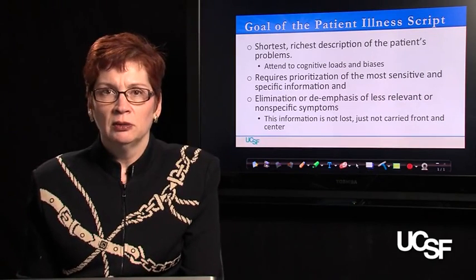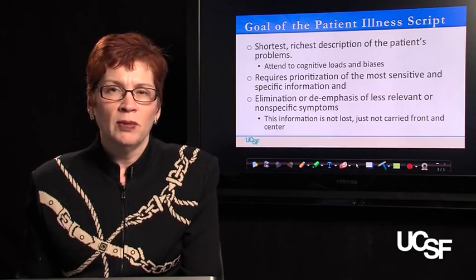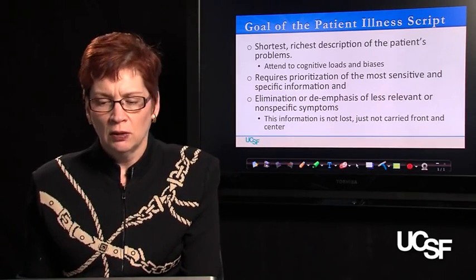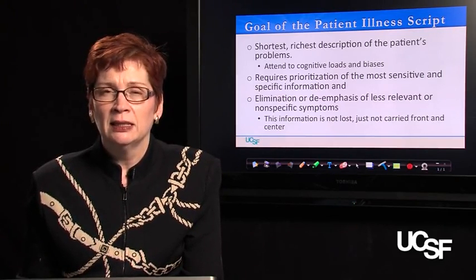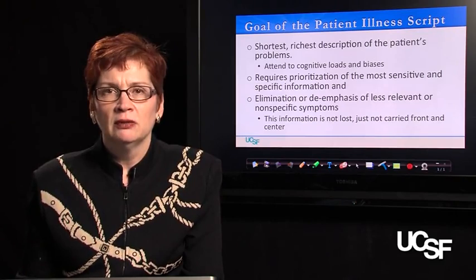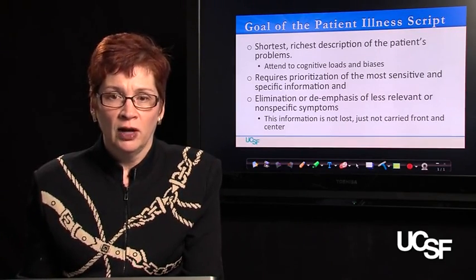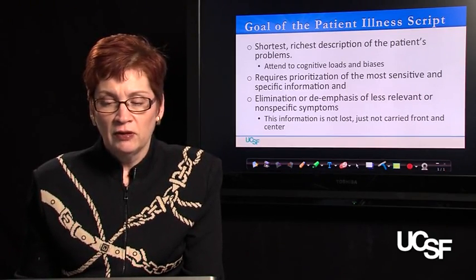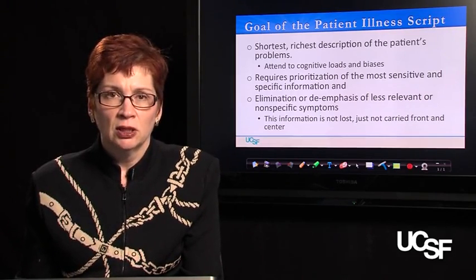And biases are also important. Biases are those mental models we form based on our past experiences that are triggered sometimes by the language that we use. So as we think about ways in which we can make mistakes in diagnoses, we have to be attentive to words or phrases that bias us in ways that we don't find functional. Another goal of the patient illness script is to prioritize the most sensitive and specific information.